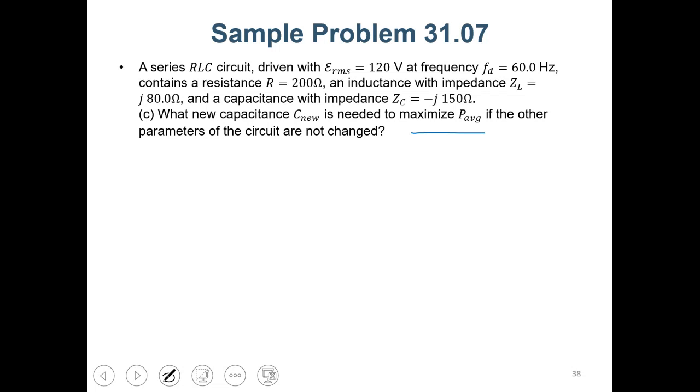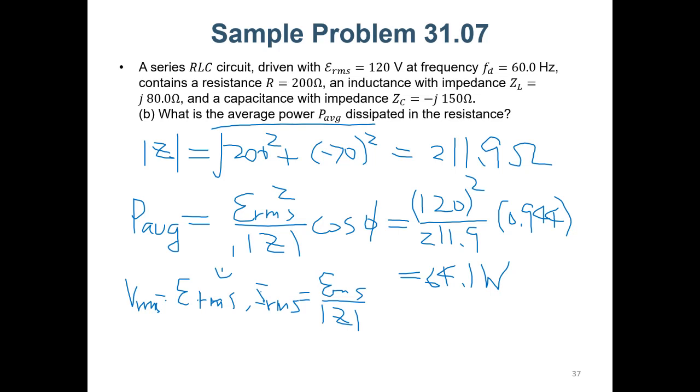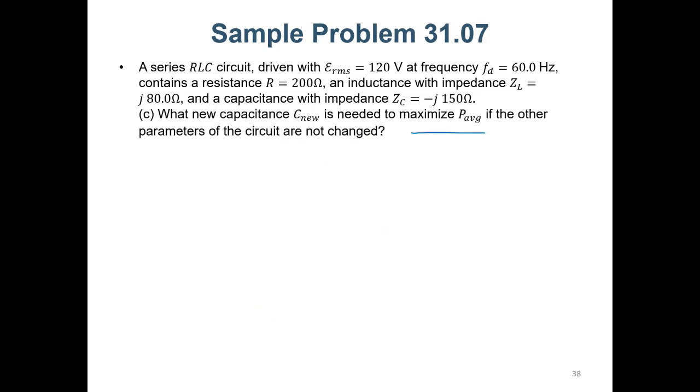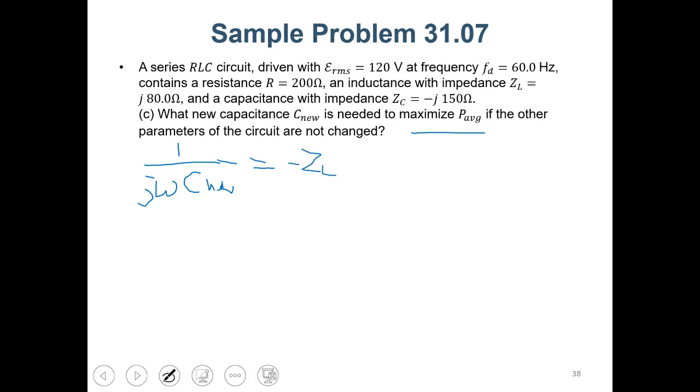If we want to maximize P average by changing the capacitance, we would like to maximize the phasor of the current, which means that we hope to make 1 over j omega C_new equal to minus Z_L, which will be minus j80 ohm.